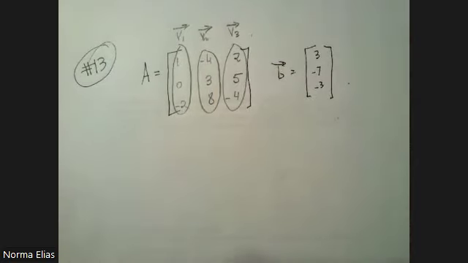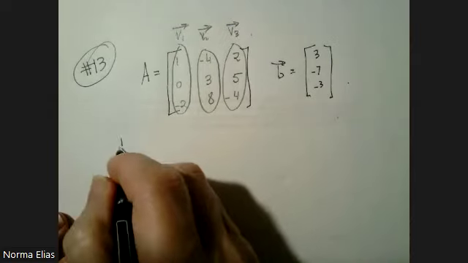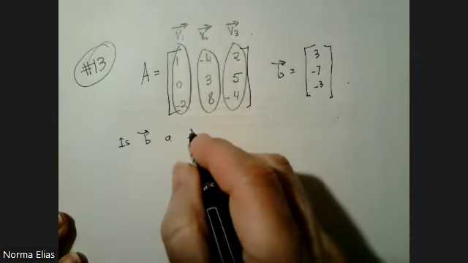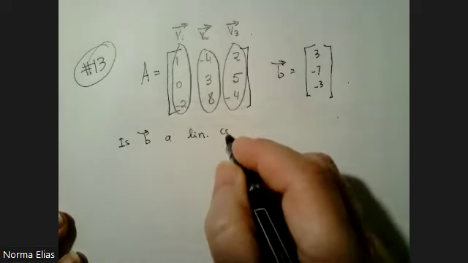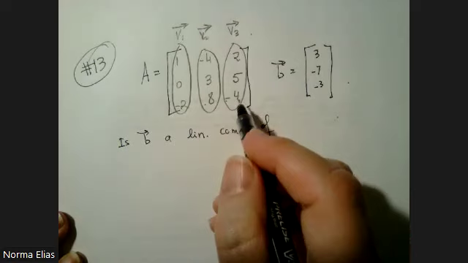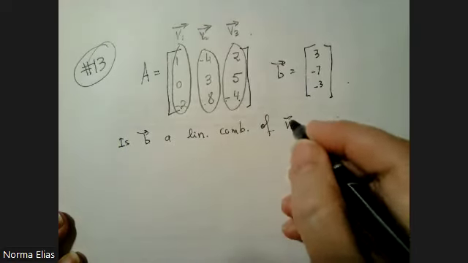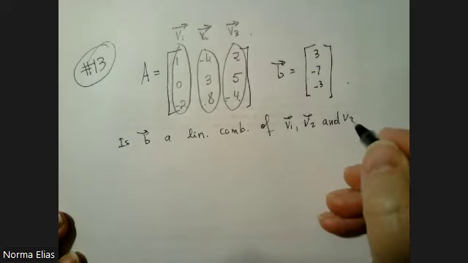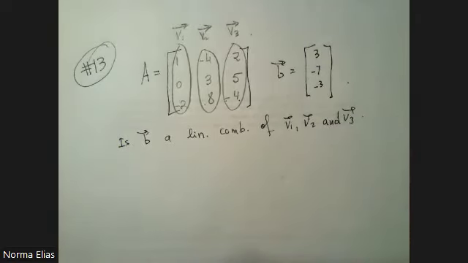And the question is the following. Is B, this vector B, a linear combination of the columns of A, meaning of V1, V2, and V3? That's the rewording of the question.